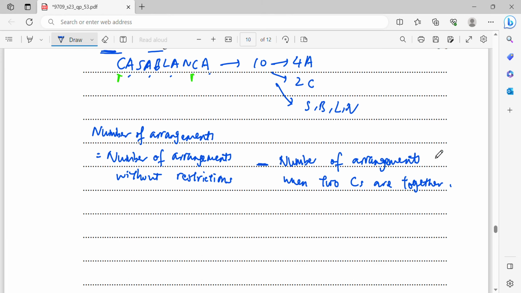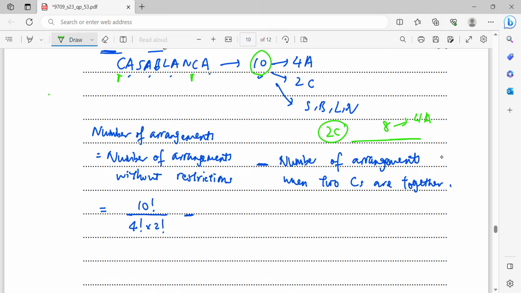Okay, so the number of arrangements without restriction means that you are arranging these 10 letters. So it will be 10 factorial, but with repeating letters, 4 A's together with 2 C's. Minus when the 2 C's are together. Then you still have another 8 letters because the total is 10 letters. Out of the 8 letters, you have 4 A's.